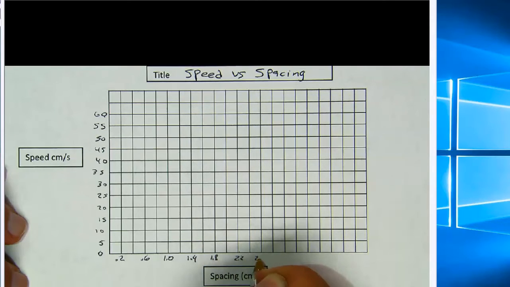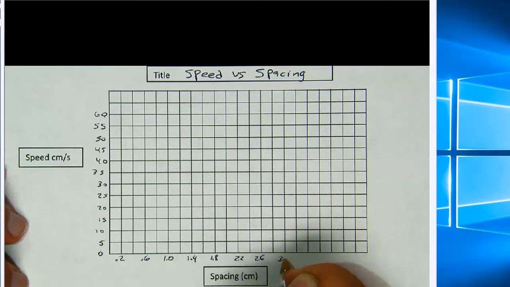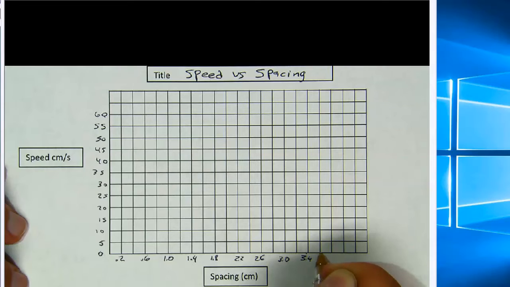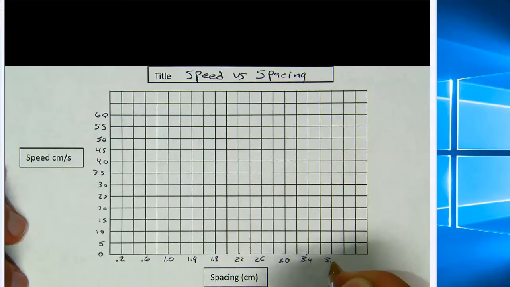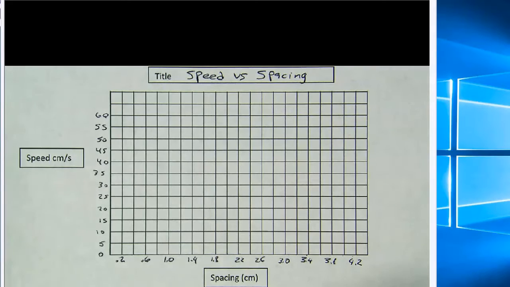I'm going every other here, 3.6, just to save some space on my graph. 3.4, 4.6, 3.8, 4.2. Okay, and there are my numbers.